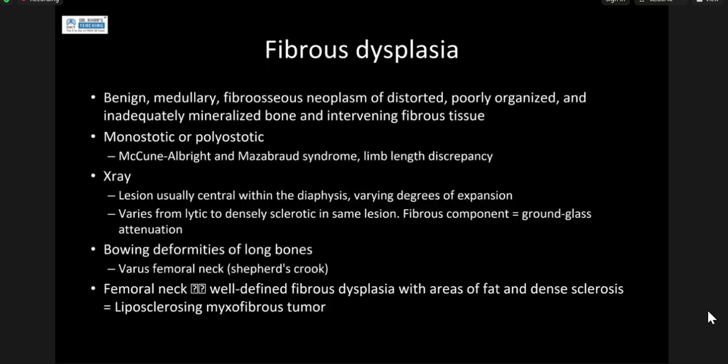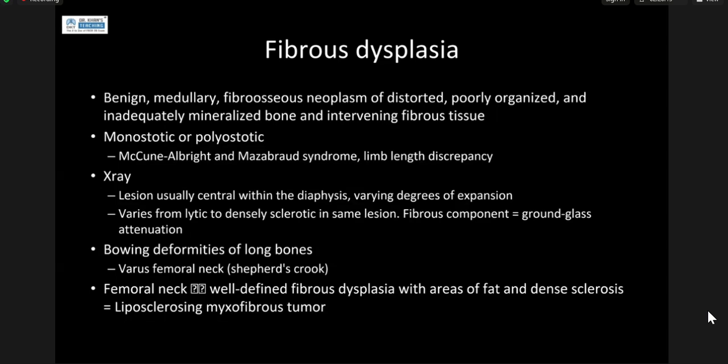It can occur as a monostotic or polyostotic pathology, and there are multiple syndromes associated with those, which I'm sure you've all heard about: McCune-Albright, Mazabraud, and you can get associated limb length discrepancies. Really nice example on the plain film, nicely described by candidate 1. And you can get the associated bone deformities, so that varus femoral neck, which is otherwise known as the shepherd's crook.